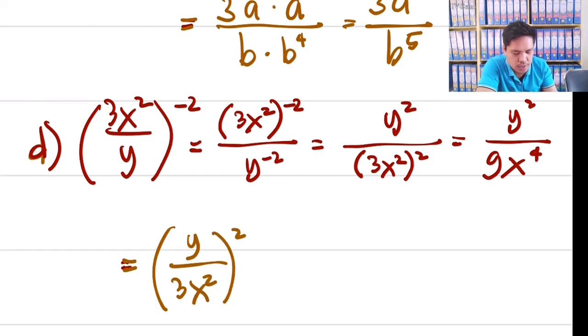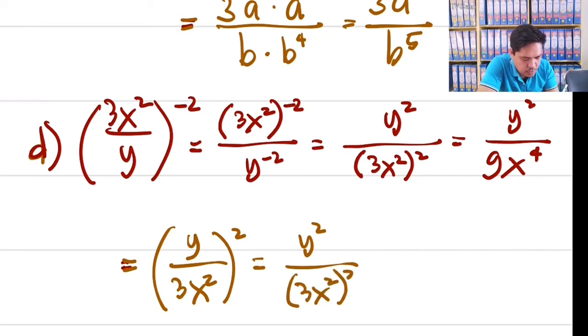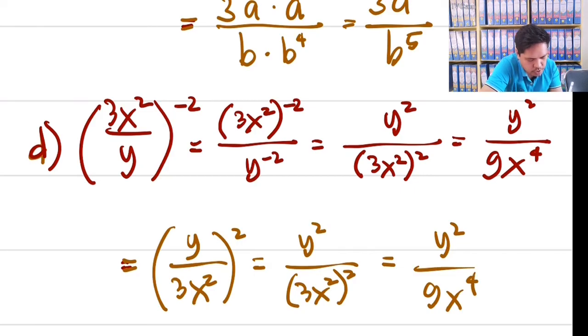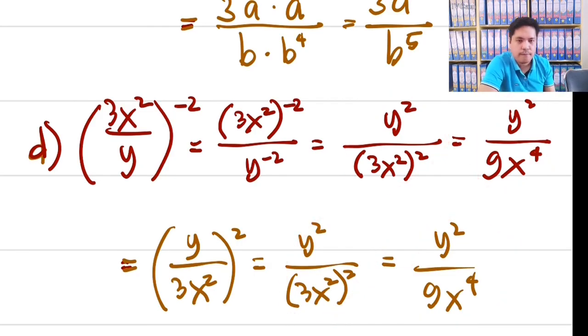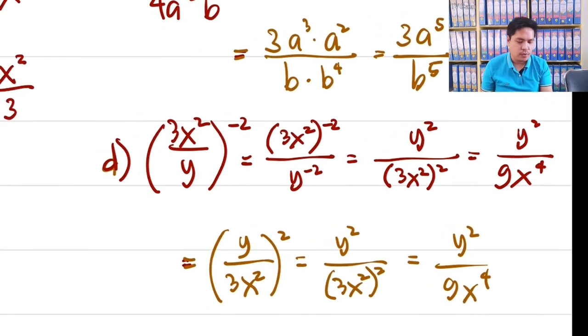Positive na siya kasi ni-reciprocate na natin. Sorry. So, y squared over 3x squared squared. Same procedure. Dinistribute na natin to. So, that's equal to y squared over 9x raised to 4. Pareho lang naman to. Okay. So, that is one way of solving that.